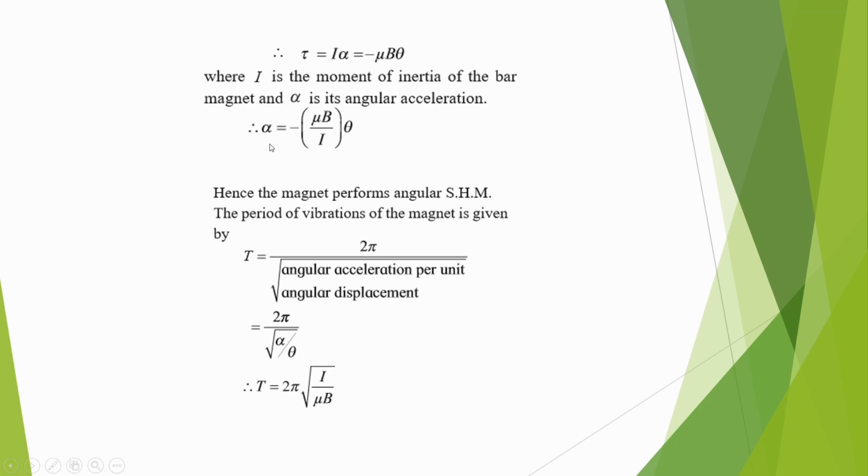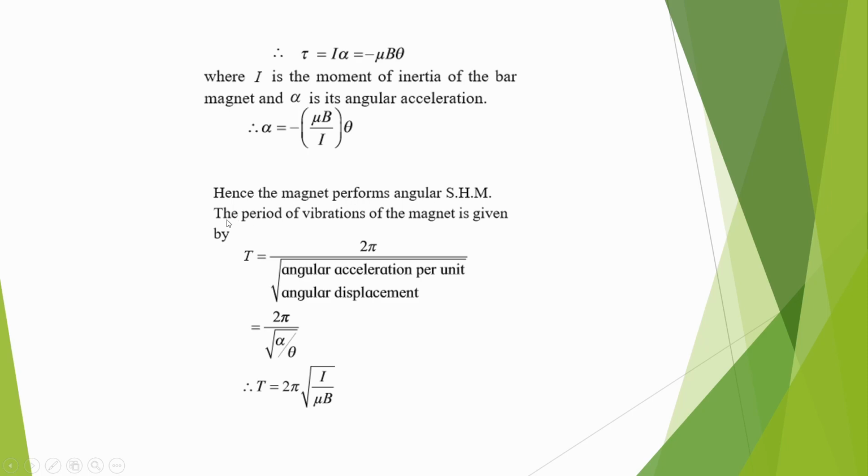In angular SHM, torque or angular acceleration are both directly proportional to angular displacement theta and are in opposite directions, so the body performs angular SHM. We have proved the same thing here, so the magnet performs angular SHM.